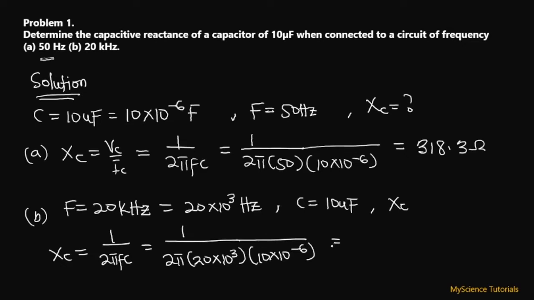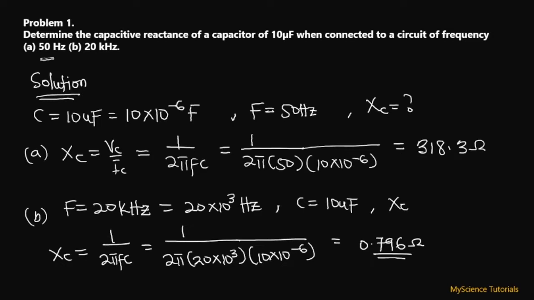So we compute these into our calculator, and when we do that, we are going to get our answer for our capacitive reactance to be 0.796 ohms. So this is how we go around solving a problem that involves a purely capacitive AC circuit.